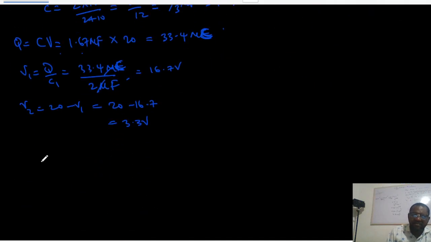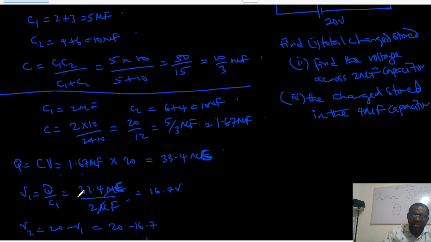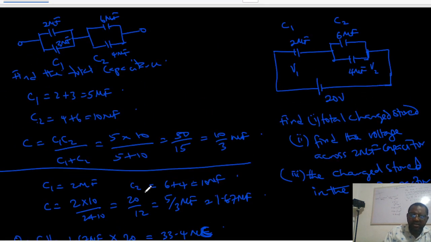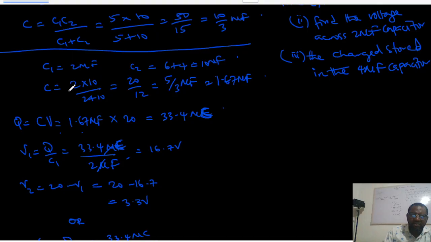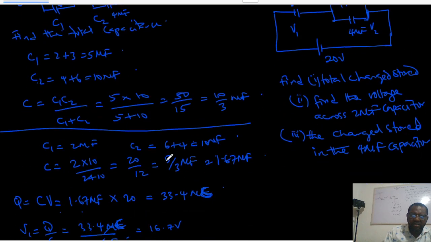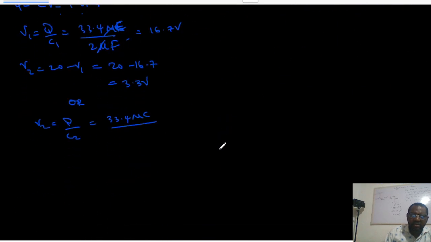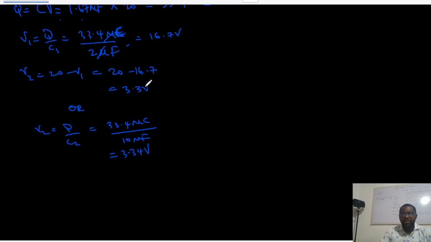Another way you can find V2 is Q over C2. Your Q is 33.4 microcoulombs all over C2. C2 is the combination, 6 plus 4, which is 10 microfarad. It gives me 3.34 volts. So you can see it's the same thing. But I'm going to work with 3.3.